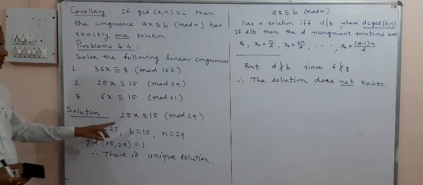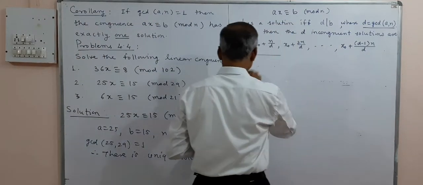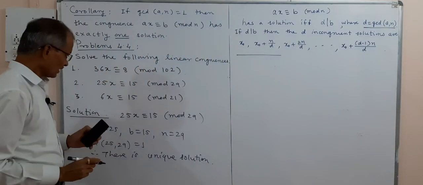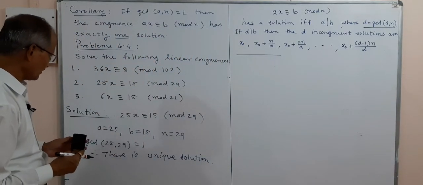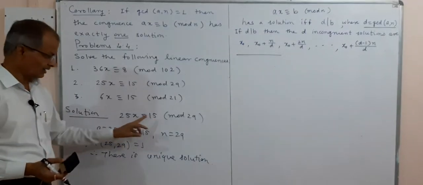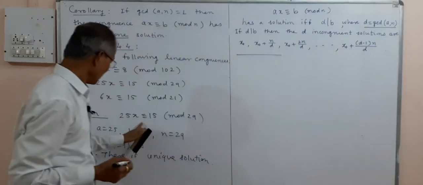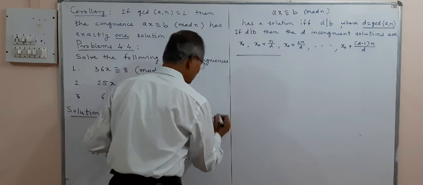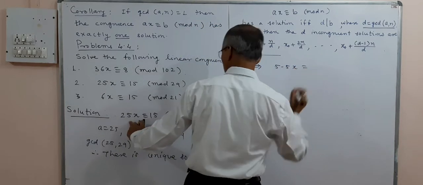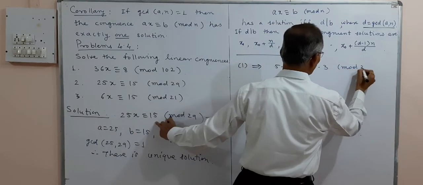Now how to find the solution of this, 25x congruent to 15 modulo 29. For that purpose, we can factorize this as 5 into 5, 5 into 3, and then 5 can be cancelled from both sides using theorem 3. So this implies 5 into 5x is congruent to 5 into 3 modulo 29.